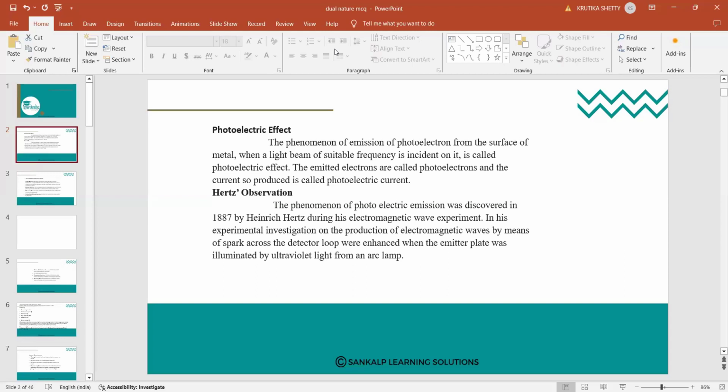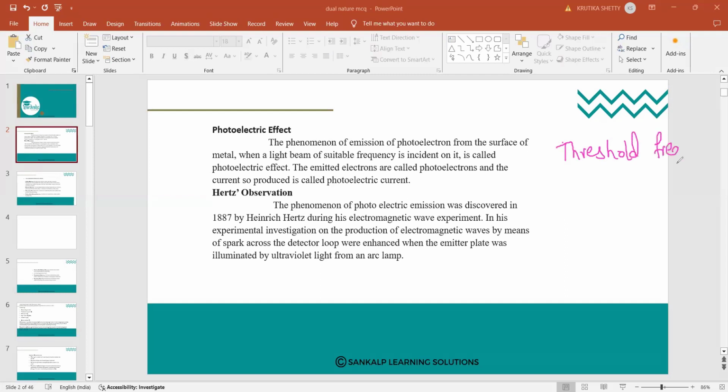The minimum frequency required for the photoelectric effect, what is that frequency called? Yesterday we discussed that point. The minimum frequency required for the photoelectric effect is called the threshold frequency.